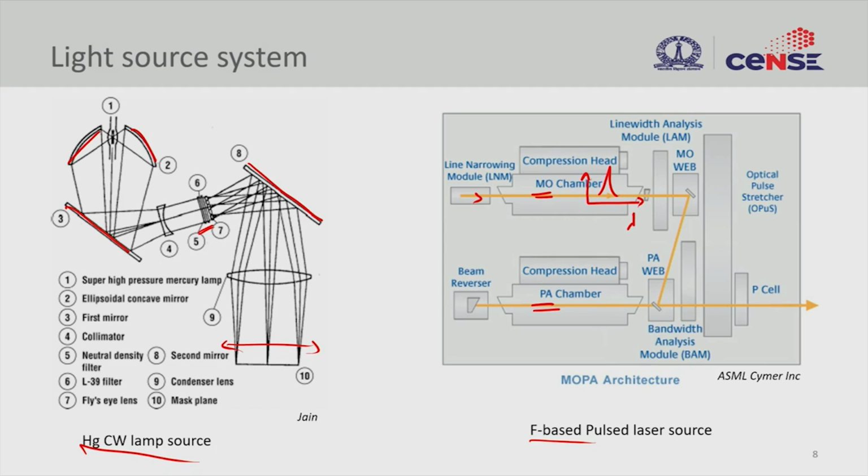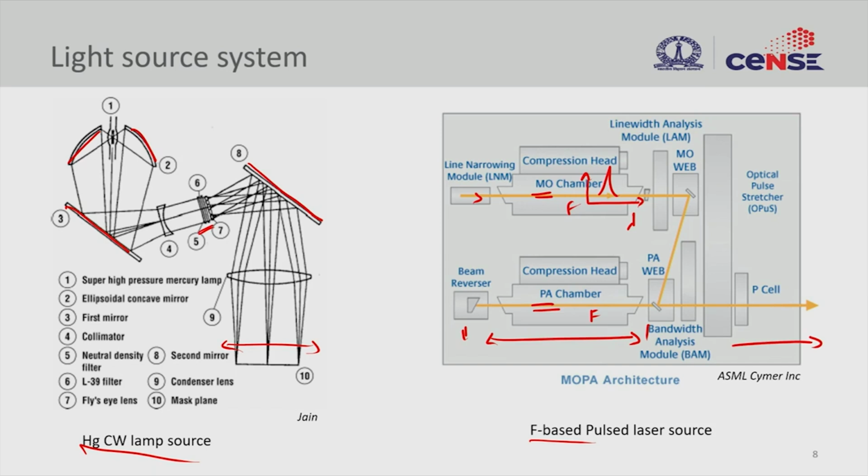Both the chambers contain the fluorine or whatever halide that you are using, but the difference here is that the master oscillator is a very simple system where you take a very low energy photon and put it into this power amplifier, and this power amplifier has a cavity where the light will be bouncing back and forth, and this is what makes the system highly energetic, and once it achieves the energy, the light is taken out, right?